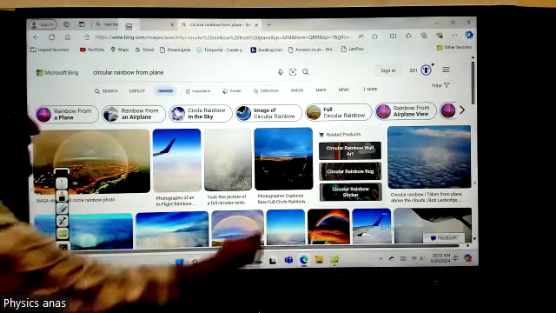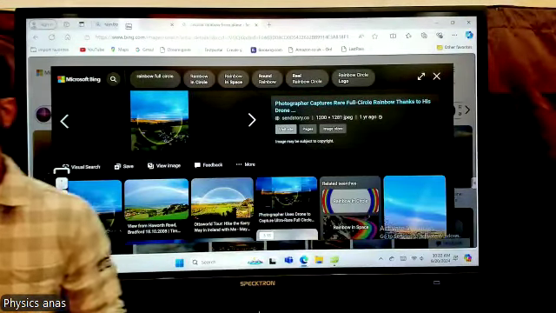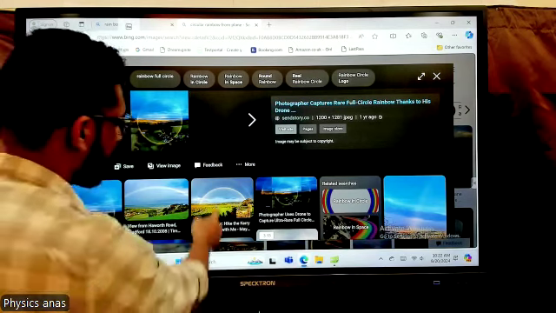Yeah, this is it. This is the actual shape of a rainbow, but we are just seeing a part of it.